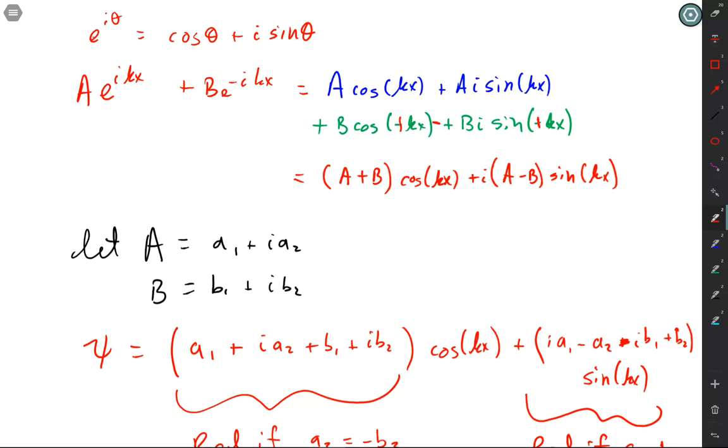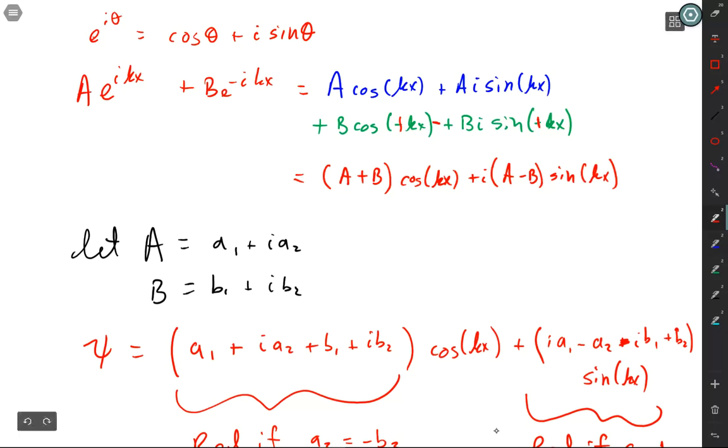So I'm going to come back to here and say, there's nothing sacred about A plus B and A minus B. It's just constant 1 plus constant 2 and constant 1 minus constant 2. And so the difference in a constant or the sum of a constant, those are just two new constants.